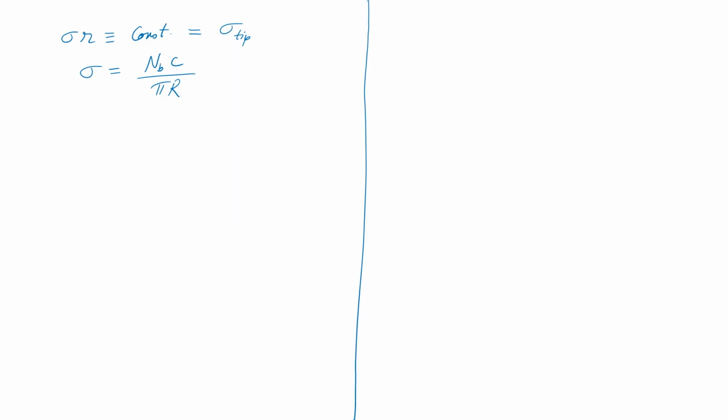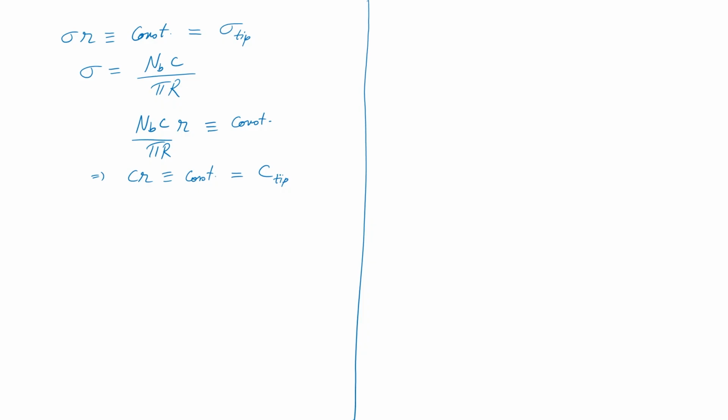NB is the number of blades, which does not change with radius, capital R is a constant, pi is constant. So, my C is what varies. If I want my sigma r to be constant, my NBC by pi r into r should be equal to some constant, which means that my C r has to be constant and equal to some C tip.